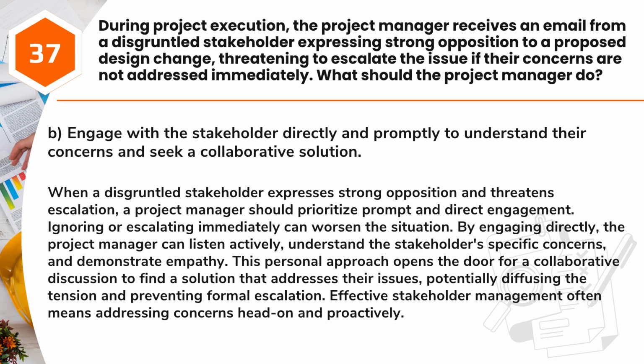By engaging directly, the project manager can listen actively, understand the stakeholder's specific concerns, and demonstrate empathy. This personal approach opens the door for a collaborative discussion to find a solution that addresses their issues, potentially diffusing the tension and preventing formal escalation. Effective stakeholder management often means addressing concerns head-on and proactively.